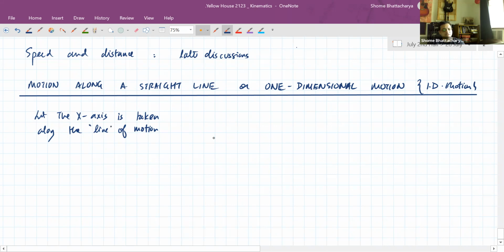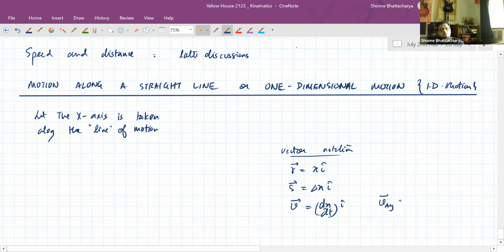So then what happens is that if we go with a vector notation, the position would be given by just one component. The displacement would be given as one component. The velocity would be given by one component. The average velocity would also be given by one component.